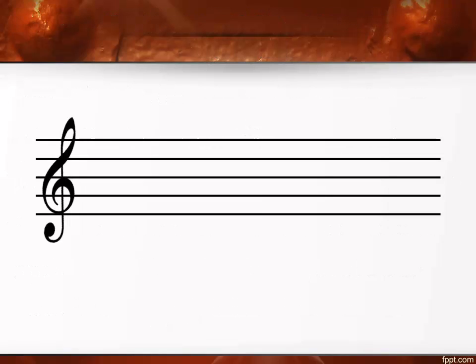Now this is the staff. Let's assume that we have a note written on this line of the staff, and then another note written on the same line. When you have two notes written on the same line or on the same space, as the case may be, then this is called unison.